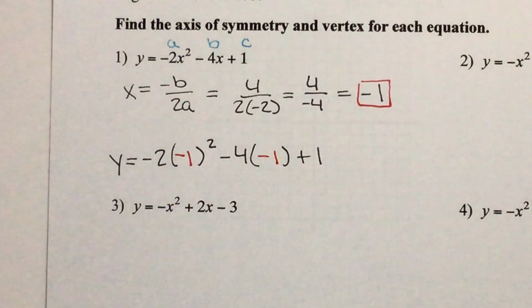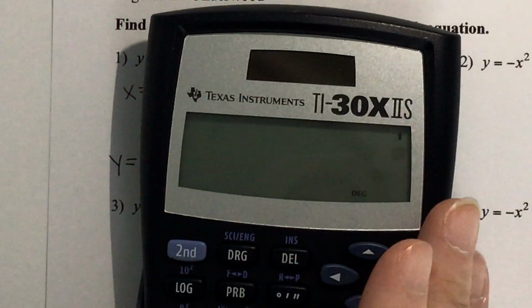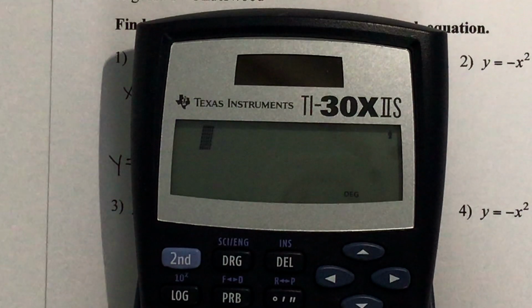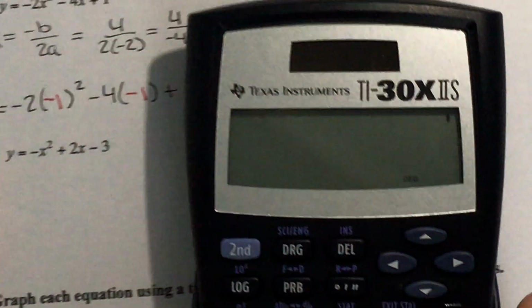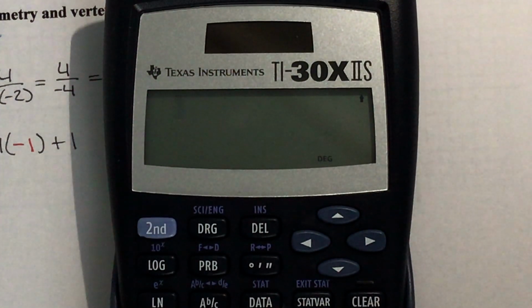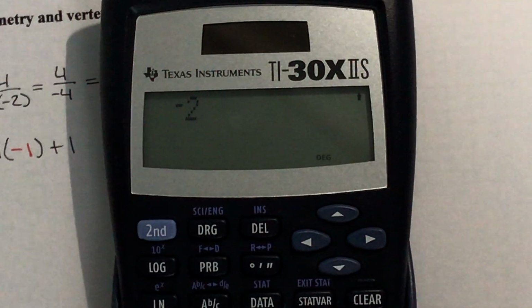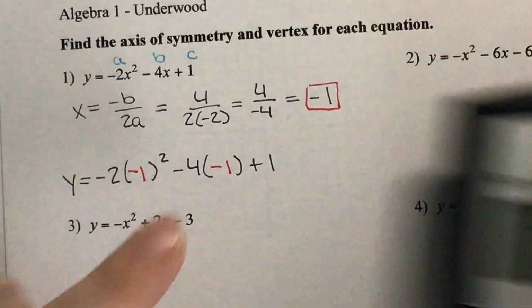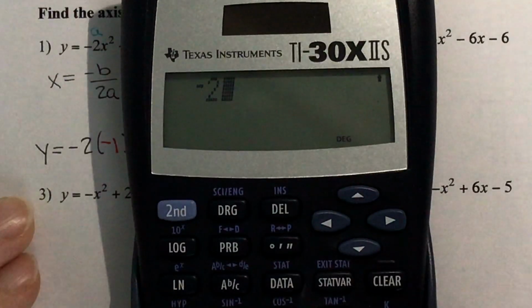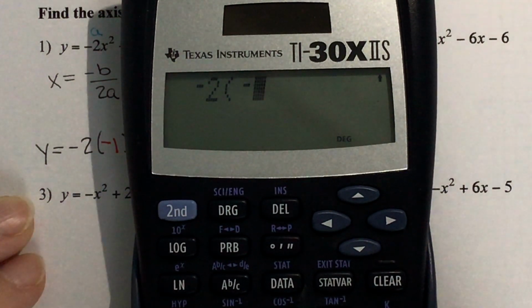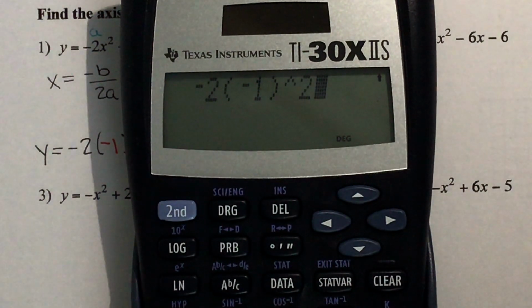All right, so I'm going to pause here and show you how you can just go ahead and type this into your calculator. I've got to move the paper so I can see it. It was negative 2, and then the same way you have parentheses on your paper, you've got to do that here, okay? So parentheses, and you're plugging in a negative 1 squared.